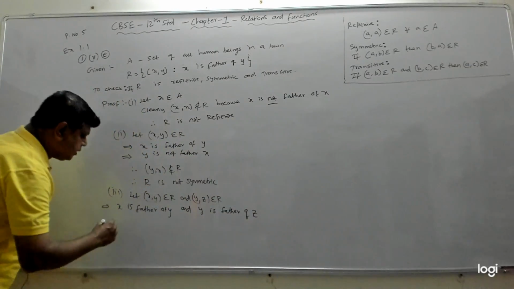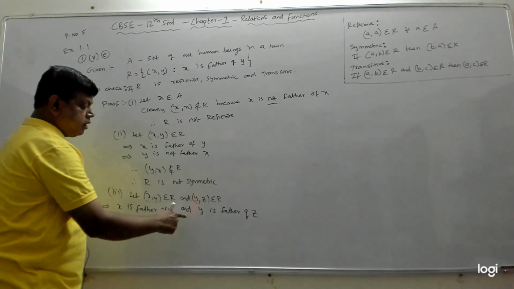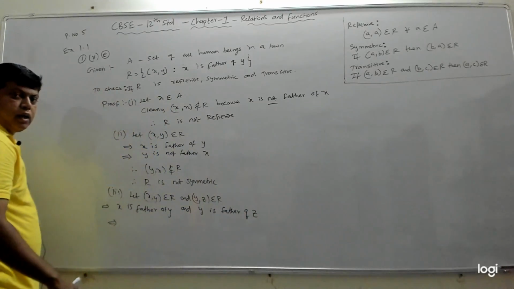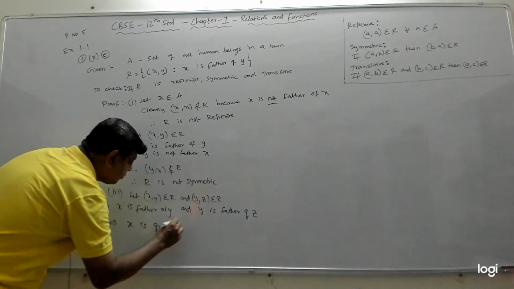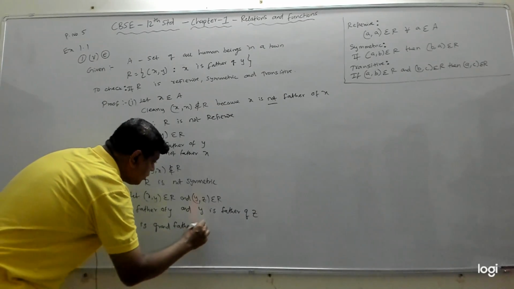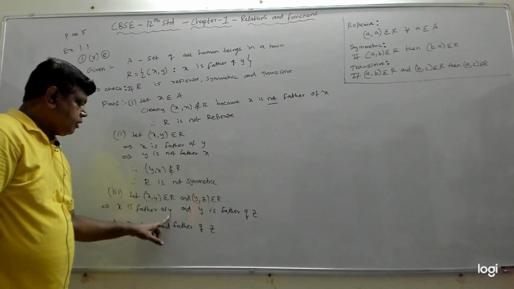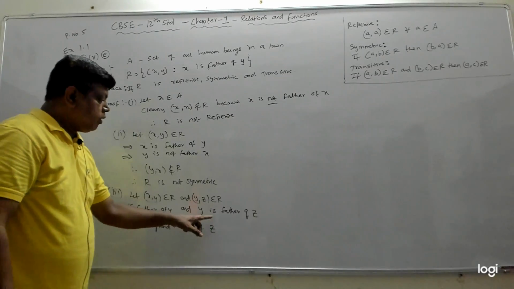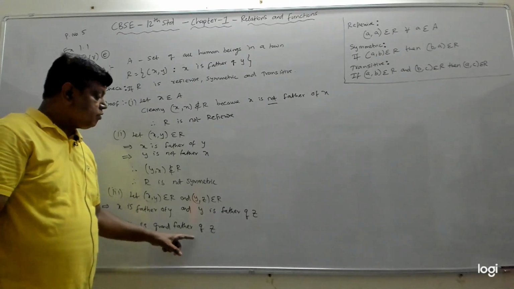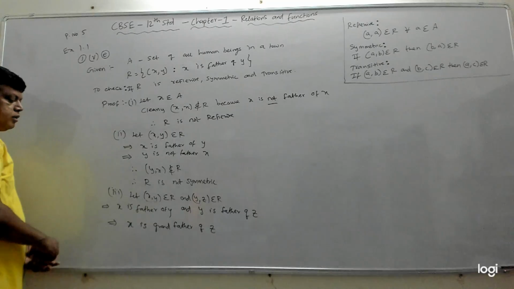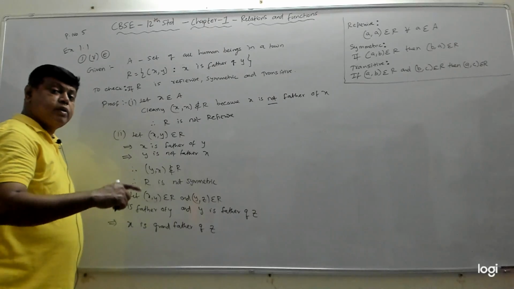So if X is the father of Y and Y is the father of Z, then X becomes grandfather of Z. So X is not father of Z.